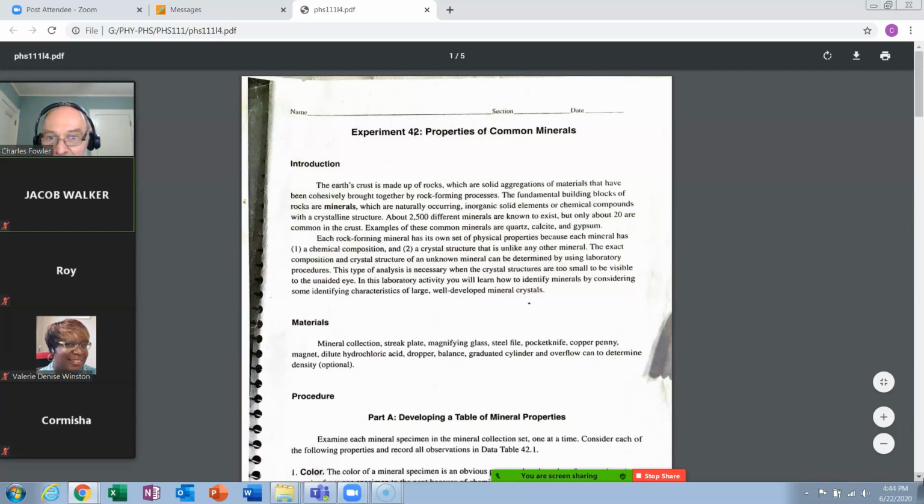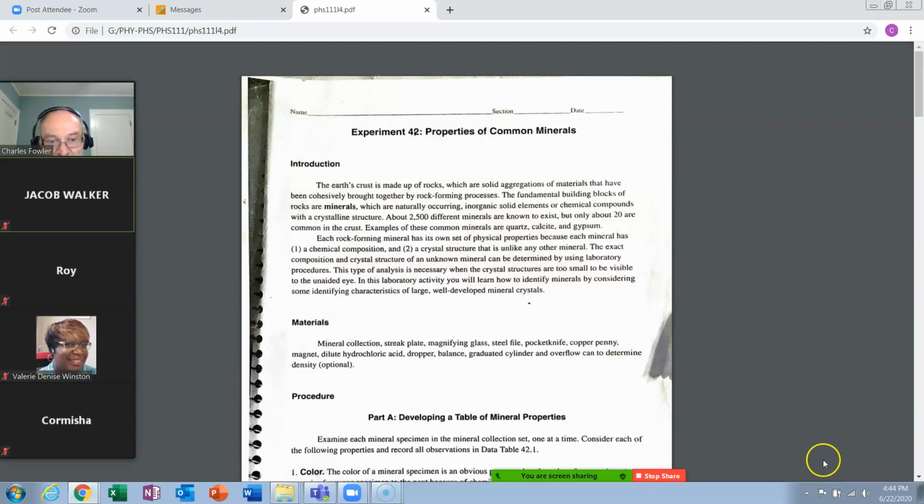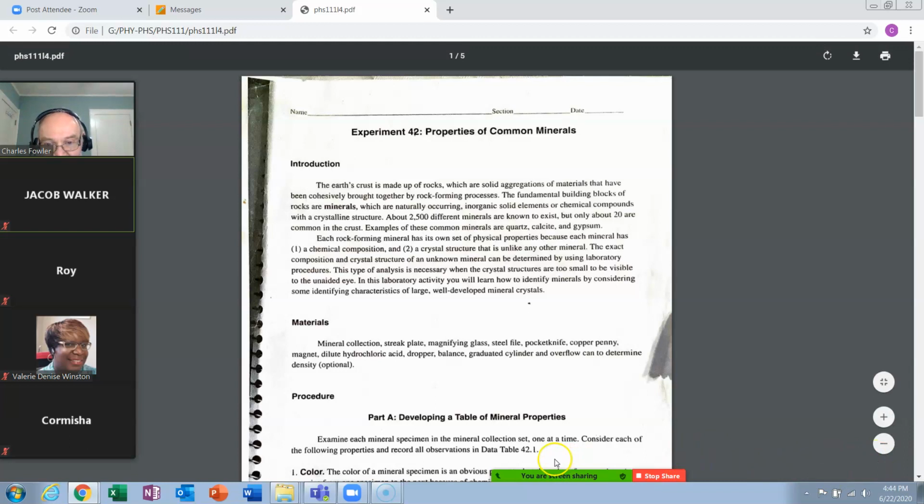Okay? They say about 25,000 different minerals are known to exist. Only about 20 are common in the crust, and they mention a few of those. Now, I do have sort of a mineral collection on campus, but we can't use that. So what we're going to be doing is not what they're saying here, but we're going to look at the same things.